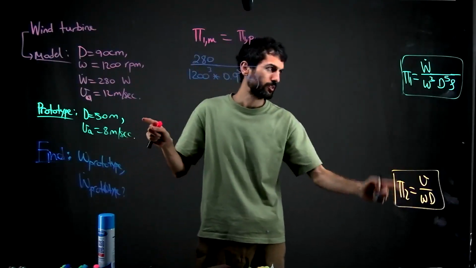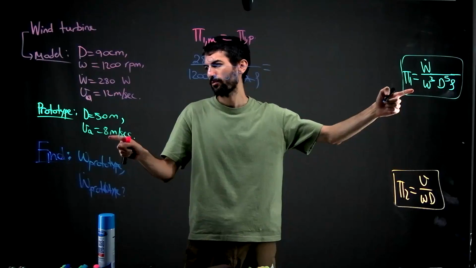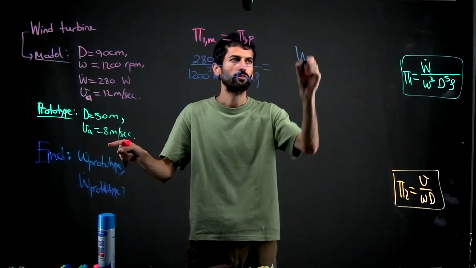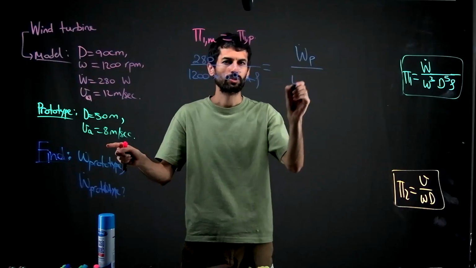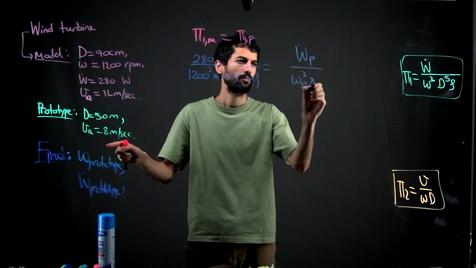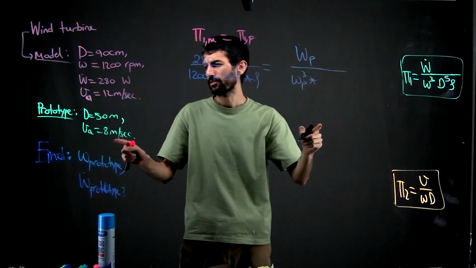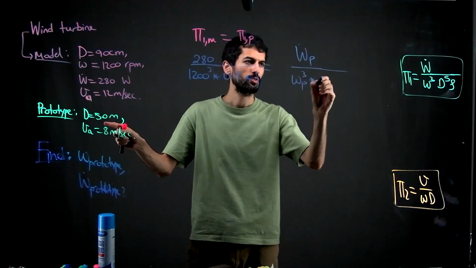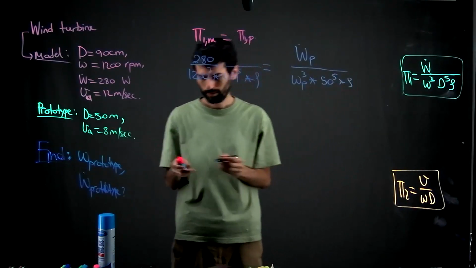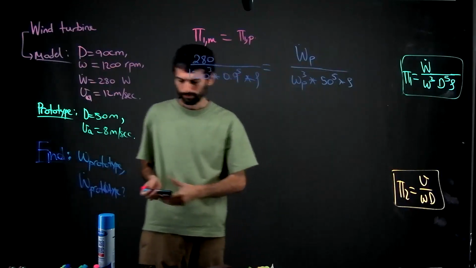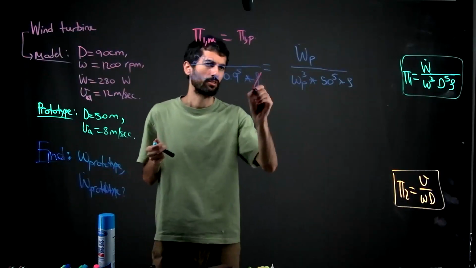Okay, then comes the prototype. So we have the power of the prototype, which is unknown. We have the omega of the prototype, which is unknown. And then we have the diameter of the prototype, which is 50 meters. And then density, and we said that densities are equal.